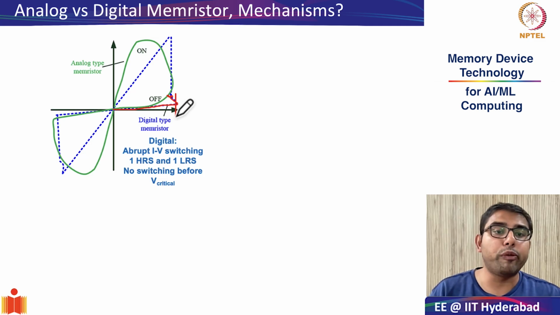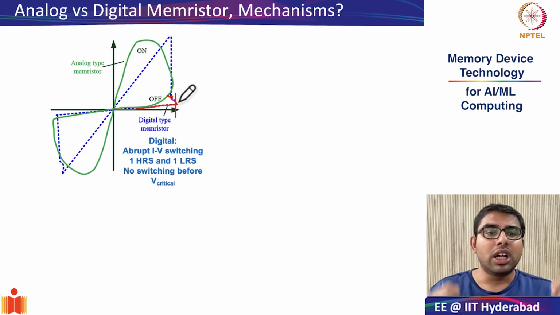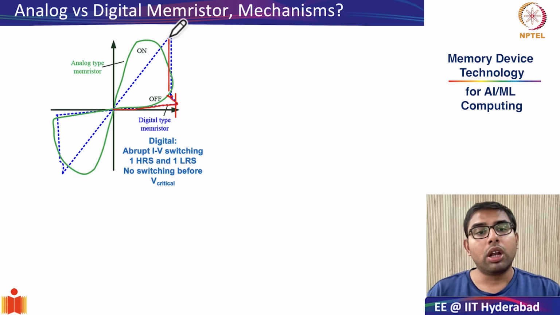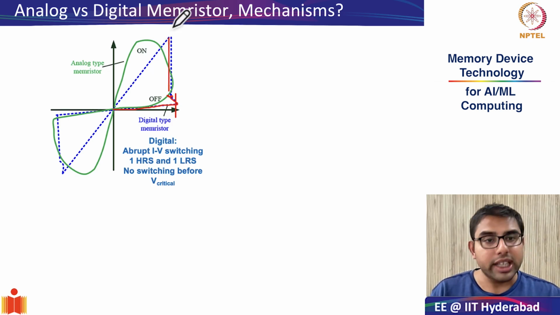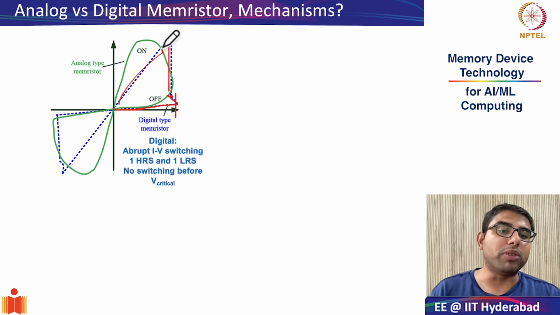Remember, the transition from high resistance to low resistance state is called the set process. So the voltage where this happens is called the set voltage. At an abrupt set voltage, the device quickly moves from the high resistance state to the low resistance state. And therefore, there are two clear states that you see, one high resistance state and one low resistance state, in this digital type of memristor.